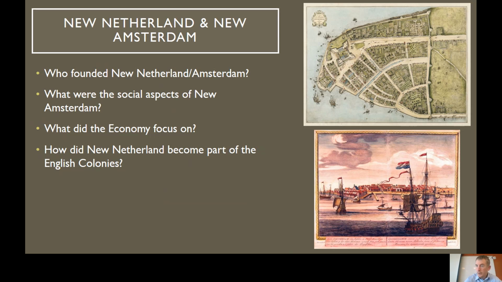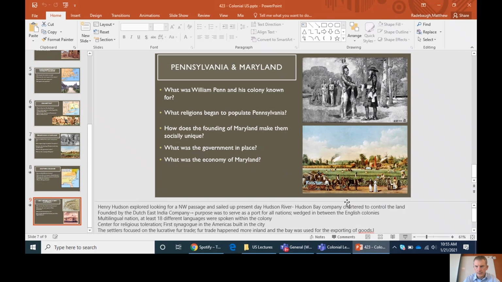Hence, that's where we get New York from. So why does New Netherland become part of the English colonies? There's only one Dutch colony, England was way more powerful, and they forced the Dutch to say, give us this. That's what ends up happening. And those are the colonies.